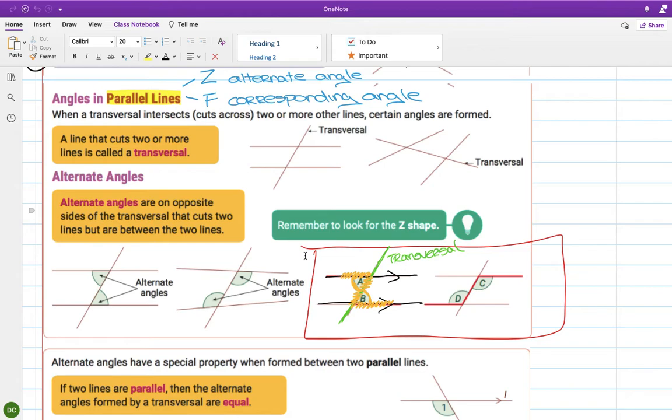Okay, so if you have parallel lines, alternate, and that's angles on a Z, alternate angles are equal. Okay, so if you have parallel lines, your transversal, and you find that Z shape, then those angles are equal.